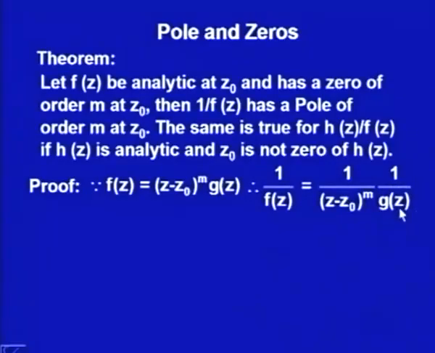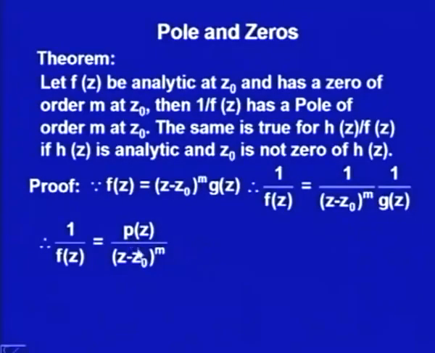Since g at z naught is not 0, 1 upon g at z naught will also not be 0. So write 1 upon g(z) as, say, p(z). So I could write 1 upon f(z) as p(z) upon (z minus z naught) to the power m, where p at z naught is not 0.